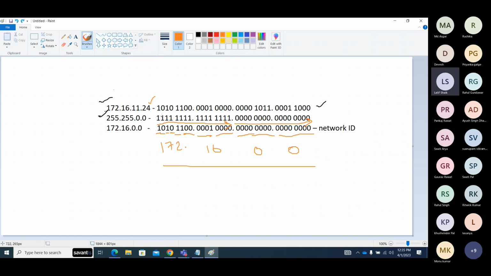So each bit represents a network bit. This part is the network part because of these many ones, and this part is the host part because of the zeros in the subnet mask.